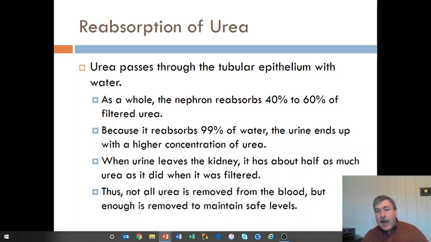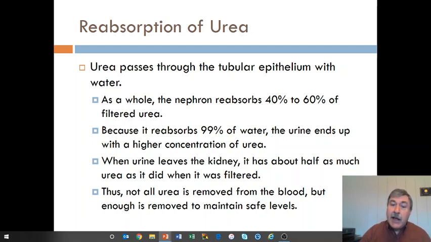So if you take out all the useful substances and leave about half of the urea in the filtrate, then the urea is going to get concentrated. So when that concentrated filtrate leaves the kidney, it has about half as much urea as it did when it was filtered. So not all urea is removed from the blood, but enough is removed to maintain safe levels.